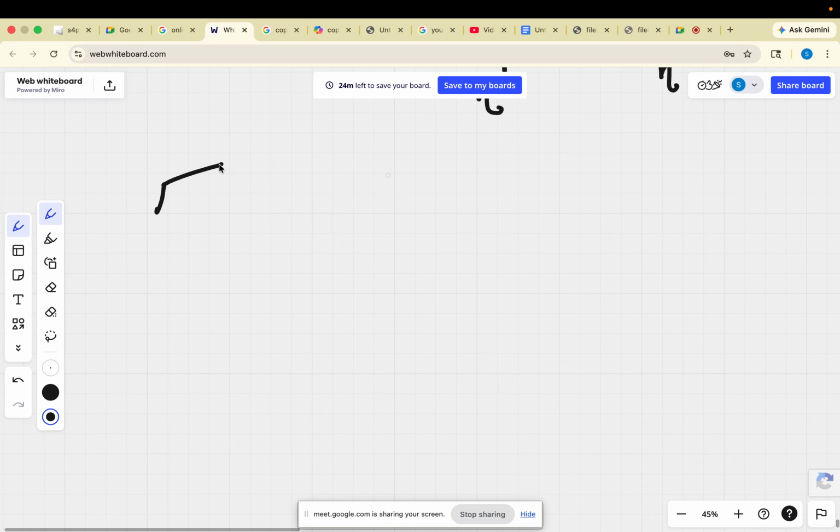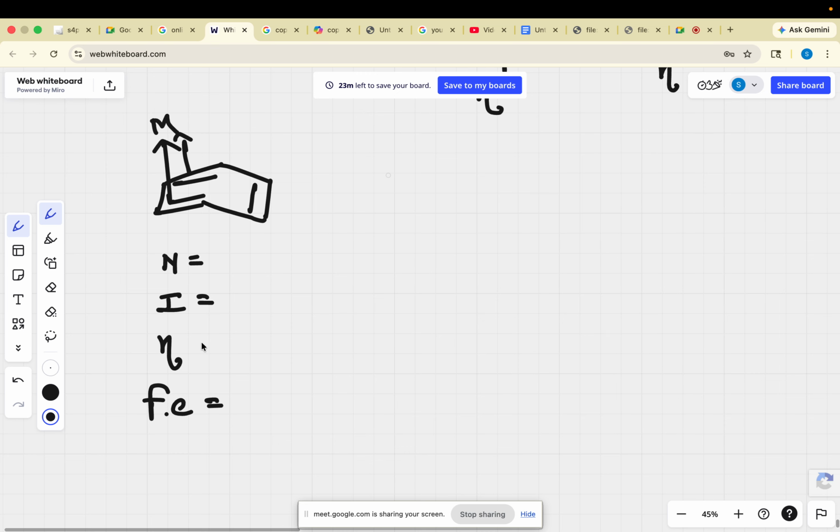Suppose you have this kind of system. Here one double bond is donating electrons to the metal center, and this double bond is also donating electrons to the metal center. So neutral method how many electrons, ionic method how many electrons, eta value and formal charge value.